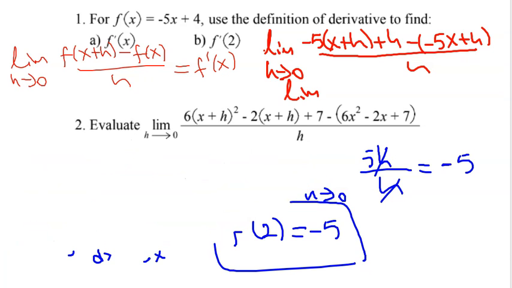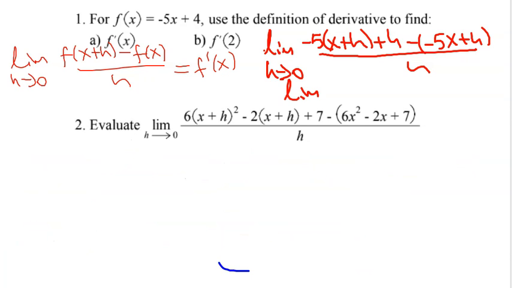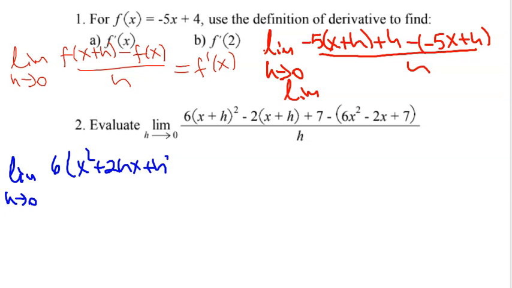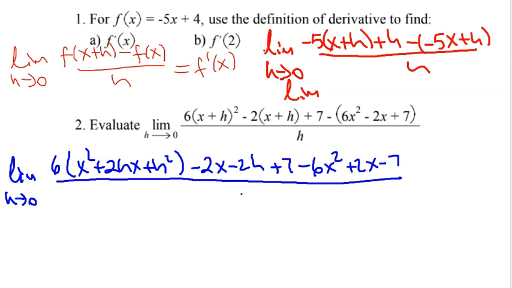In question 2 we have this expression. Of course, we have to expand this expression and distribute 6 into the parentheses, and let's see what's going to happen. The limit as h approaches 0, we get 6 times x squared plus 2hx plus h squared, minus 2x minus 2h plus 7, minus 6x squared plus 2x minus 7, over h.